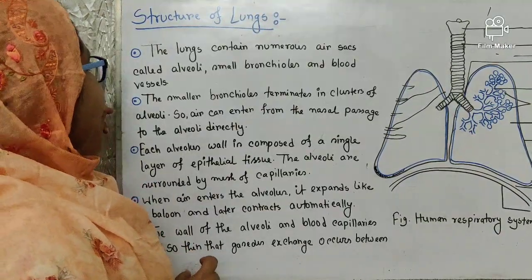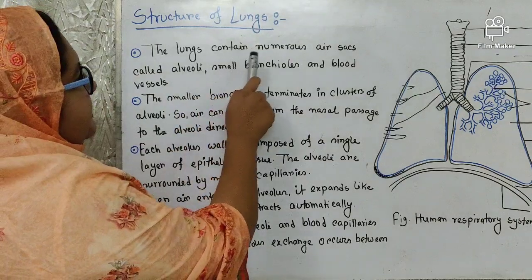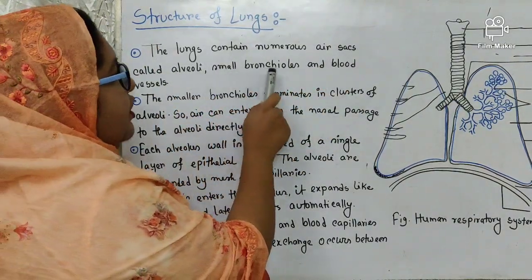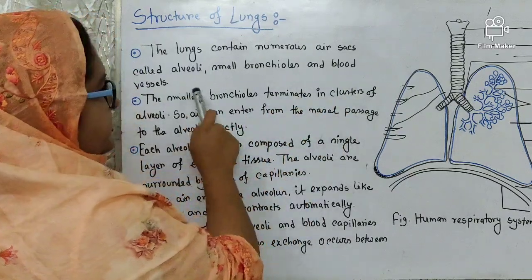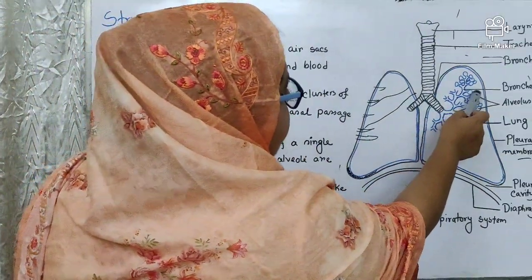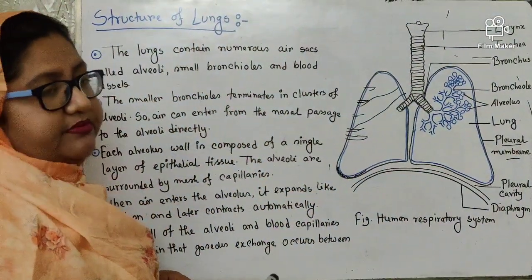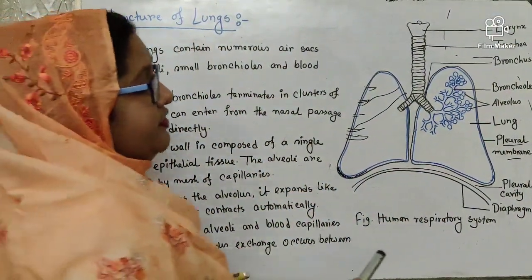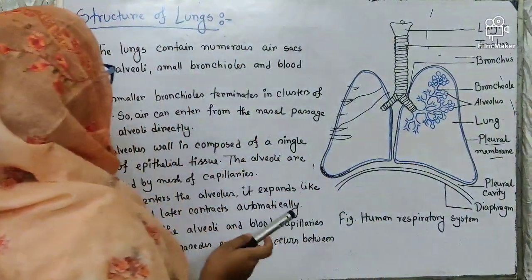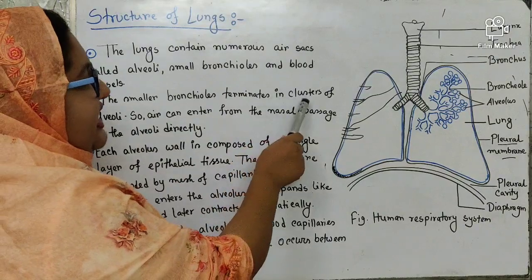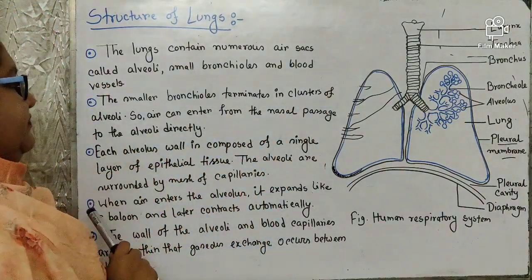Now, next point. The lungs contain numerous air sacs, which are called alveoli, small bronchioles and blood vessels. These are the alveoli. In plural form, it is alveoli, but in singular form, it is alveolus. The next point is the smaller bronchioles terminate in clusters of alveoli.